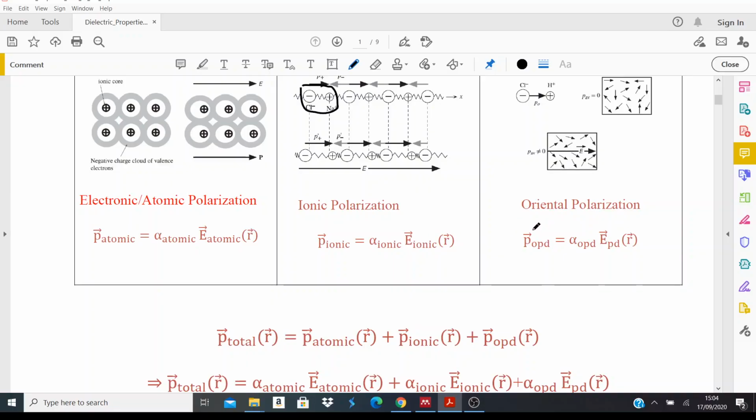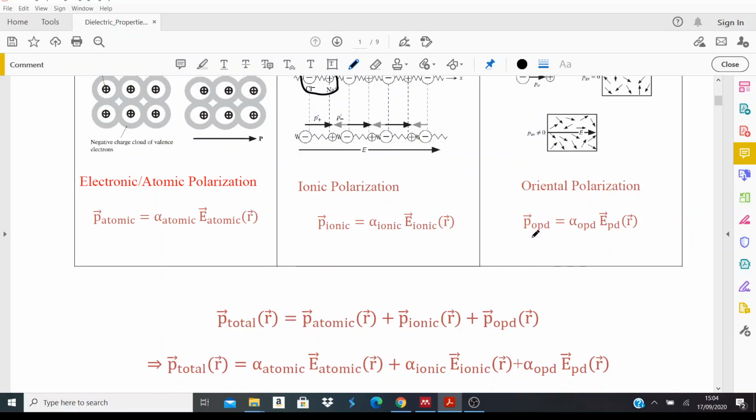Then we talked about the orientational polarization, where we have permanent dipole moments, and under the influence of an electric field, some of them align, but not all of them because of the thermal agitation. The key point is that a similar expression is valid: the orientational polarization is alpha OPD, the polarizability of the orientational polarization, times the electric field felt by the dipole moment.